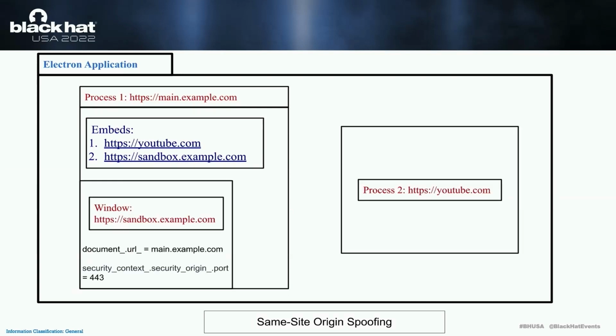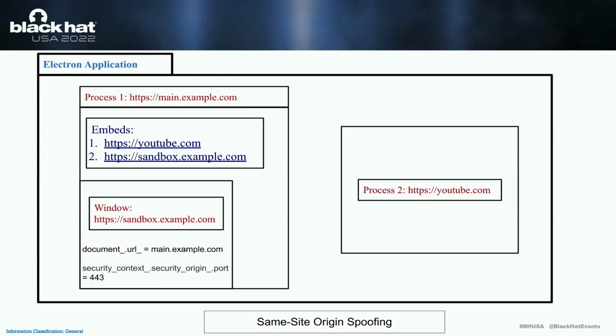It only creates a separate process for youtube.com, but it doesn't create a separate process for sandbox.example.com. The reason is that Chrome uses the same process if your top-level domain is the same. In this case, example.com is common between both of your subdomains, and site isolation won't apply here. So Chrome uses the same process for both pages.